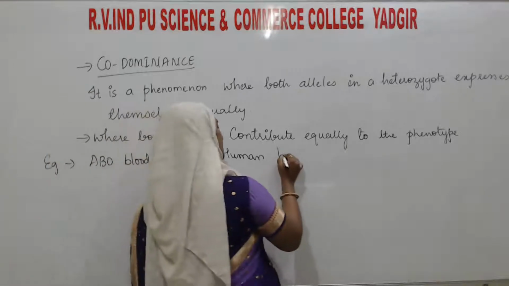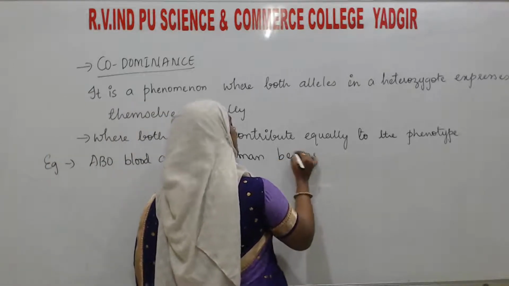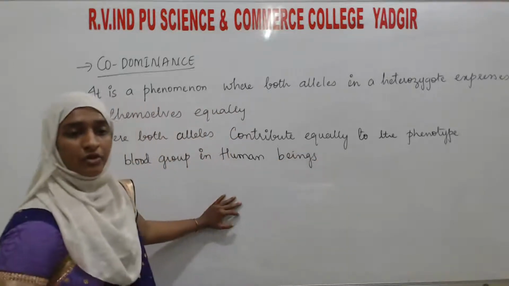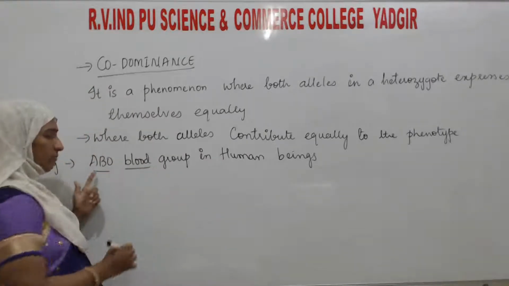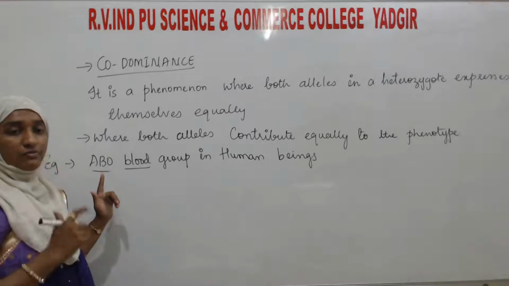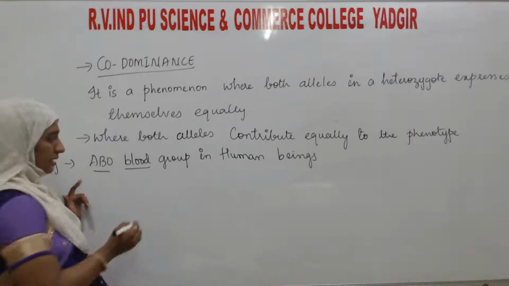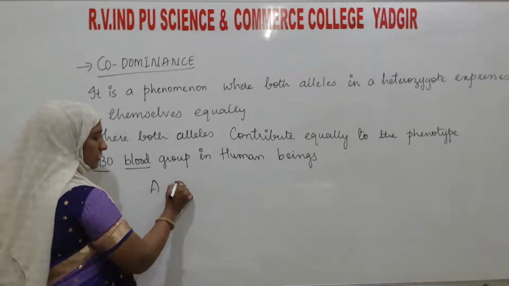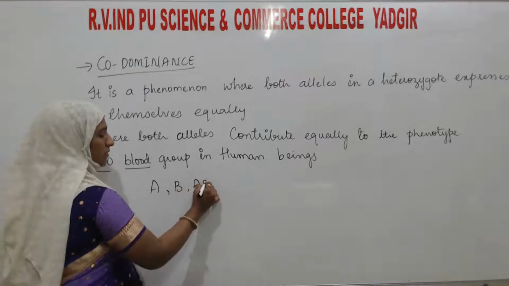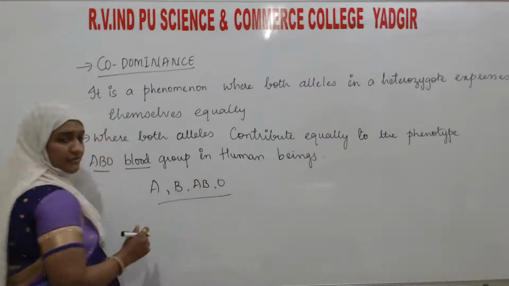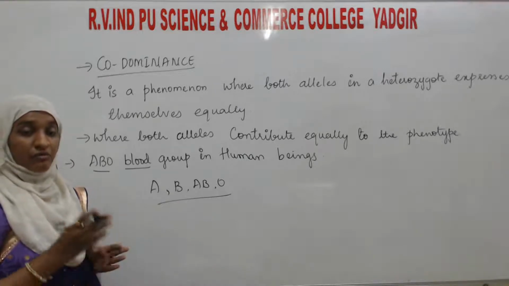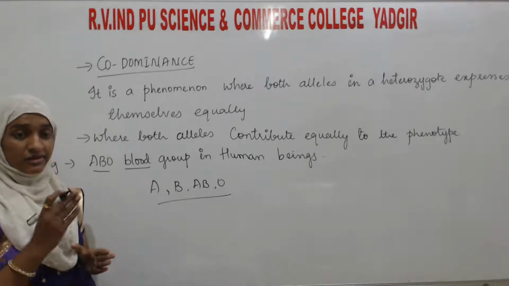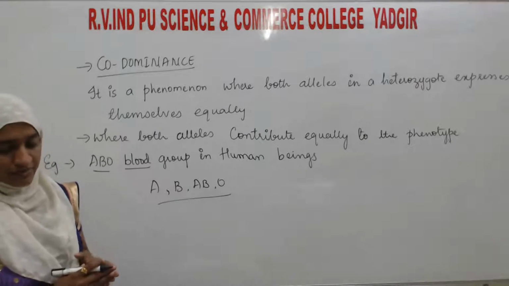ABO means there are 4 different types of blood groups, that is A, B, AB and O. These are the 4 different types of blood groups which can be seen in human beings.